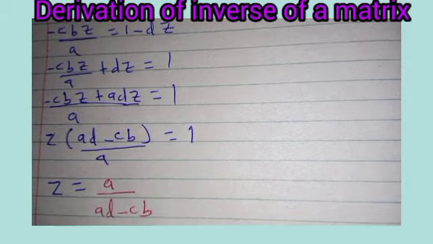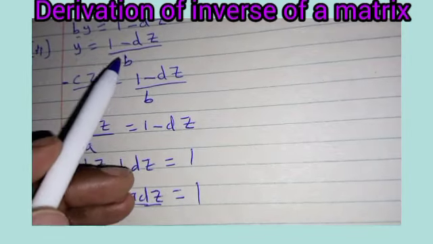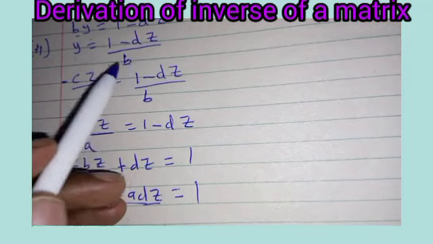Once we obtain our Z, we come here and substitute so that we get the value of Y in terms of those others.